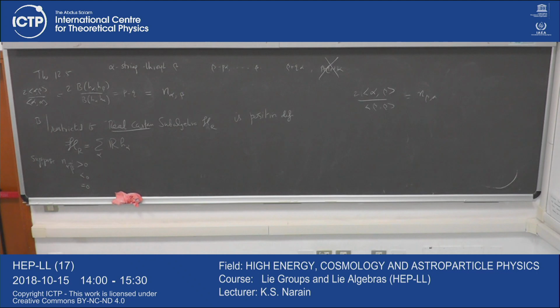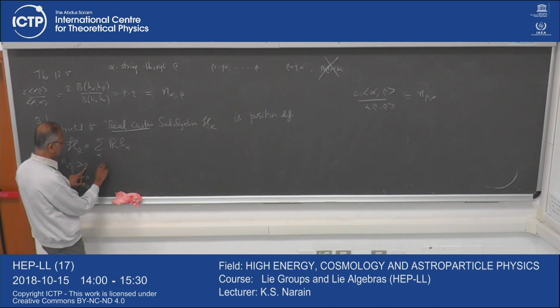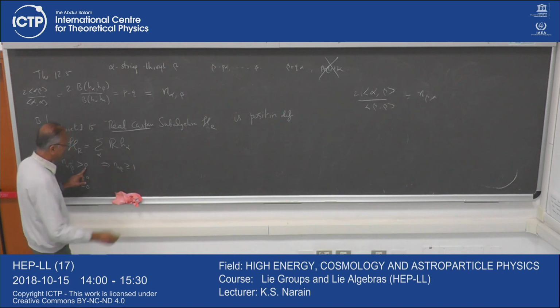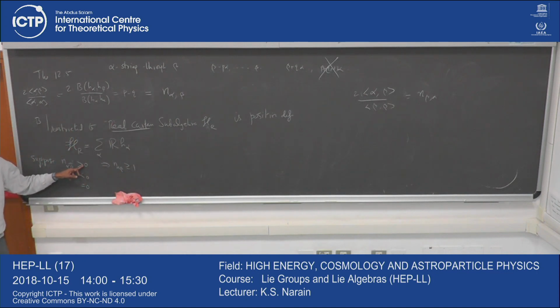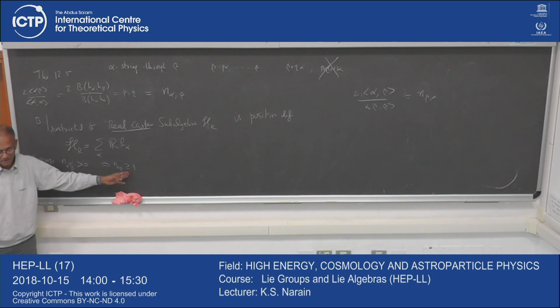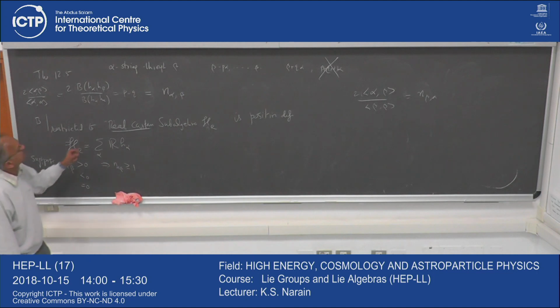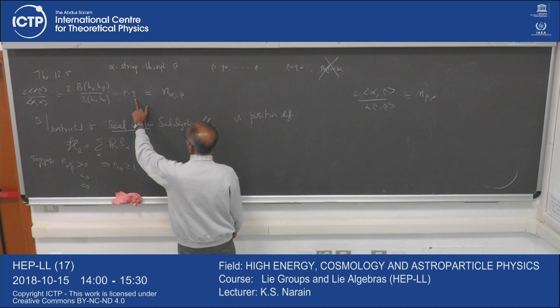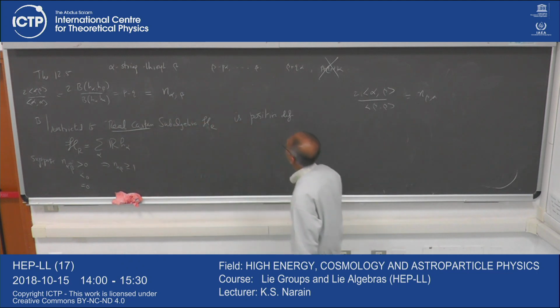These are integers, so if n alpha beta is greater than 0, that implies n alpha beta is greater than or equal to 1. Because it's strictly greater than 0 and it is an integer, it has to be at least 1, or maybe more. But that means P minus Q is at least 1.